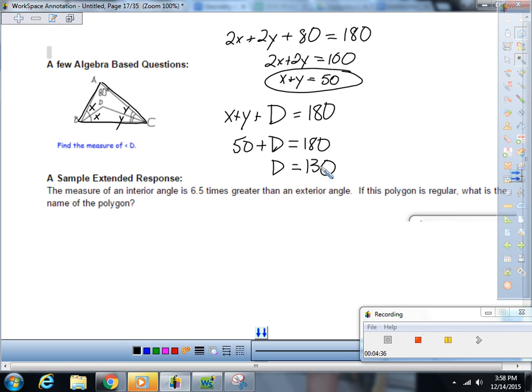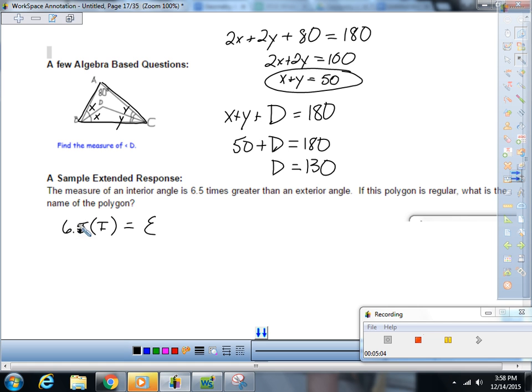All right, my last one. The measure of an interior angle is 6.5 times greater than an exterior angle. If this polygon is regular, what is the name? Okay, so 6.5 times the interior angle is equal to the exterior angle. Nope, that's not right.